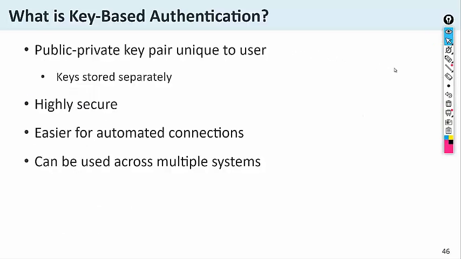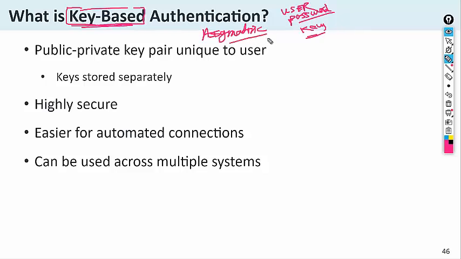So what is key based authentication? I have told you there is one authentication method, username and password. Another authentication method is a key. As you know, the encryption used in SSH is asymmetric encryption. In asymmetric encryption there is a pair of keys: one is a private key, another is a public key.